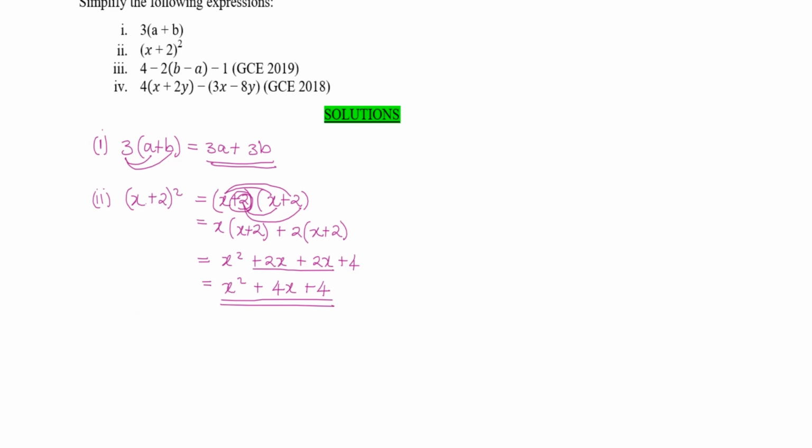Alright, we can continue by looking at 3. So for 3, we are saying we have 4 minus 2 in brackets b minus a close bracket minus 1. So here we need to open the brackets.